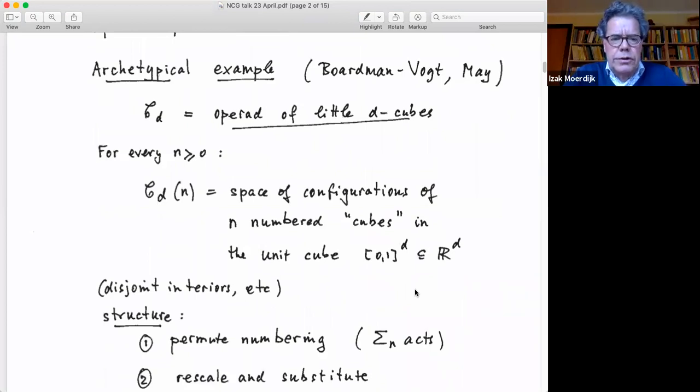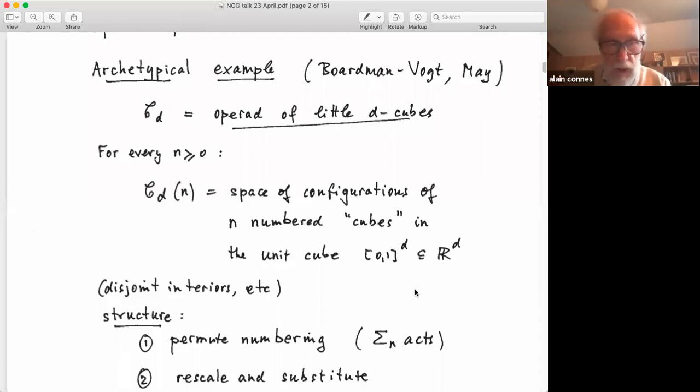You have a topological space for every n, which you should think of as the space of operations of n variables in some sense. And in this case, it's the space of configurations of cubes inside a unit cube. So you have a unit cube, [0,1]^D, and you put n other cubes inside it, and they have to have disjoint interiors, and they're nicely affinely embedded, and you should number them. So the symmetric group acts by permuting the numbering of the cubes.